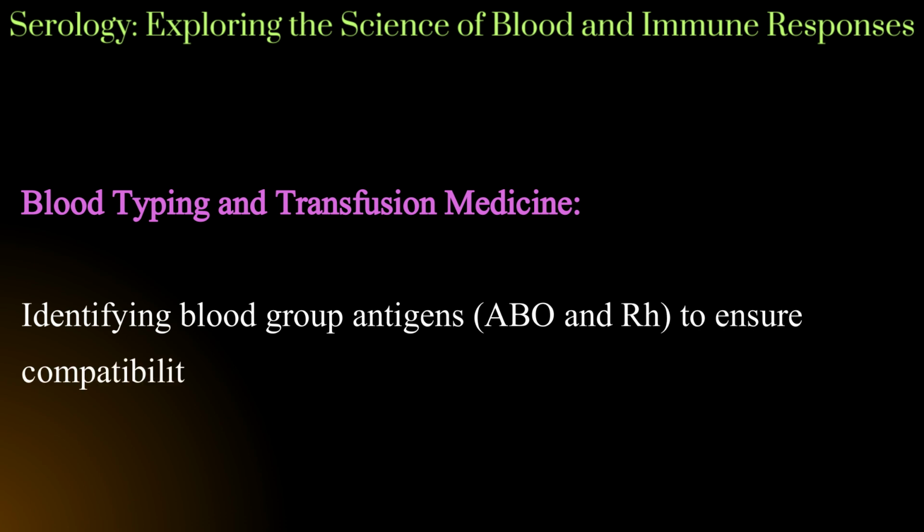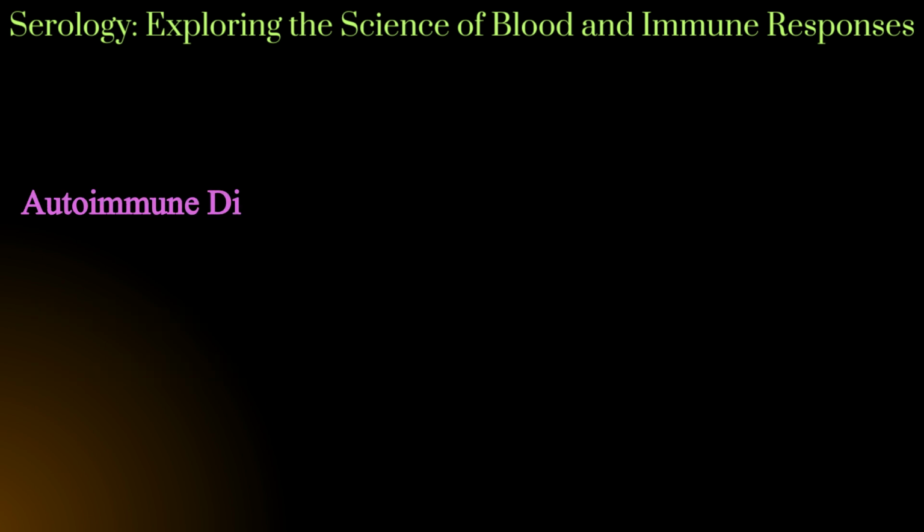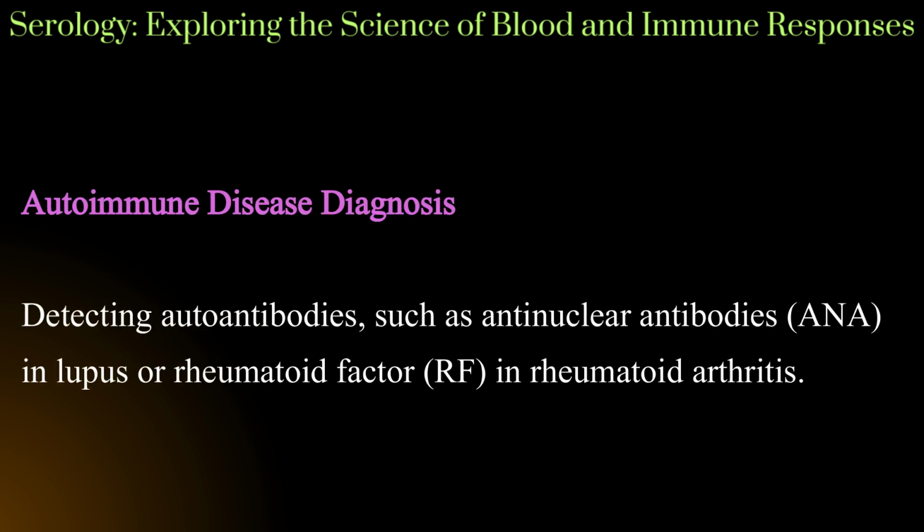Blood typing and transfusion medicine: identifying blood group antigens, ABO and RH, to ensure compatibility for transfusions. Autoimmune disease diagnosis: detecting autoantibodies such as anti-nuclear antibodies, ANA, in lupus or rheumatoid factor, RF, in rheumatoid arthritis.